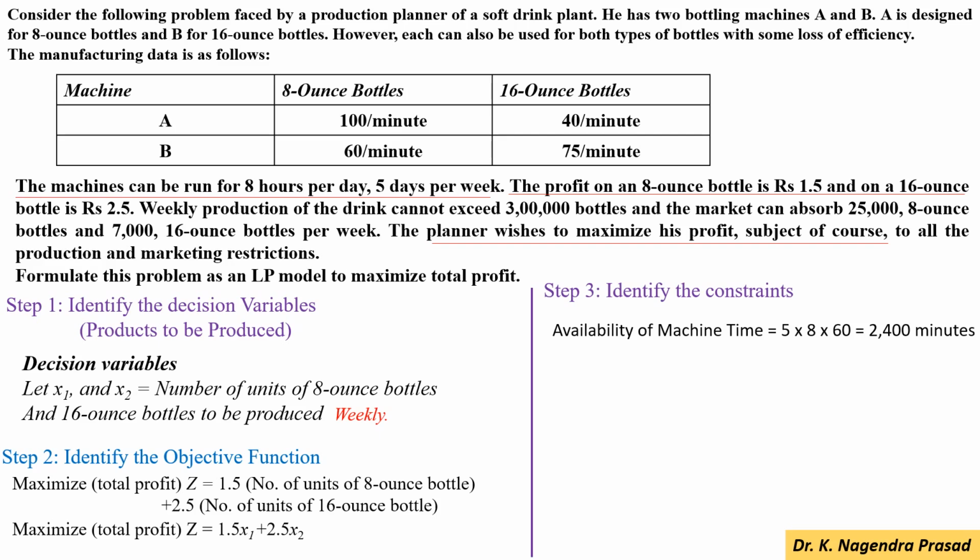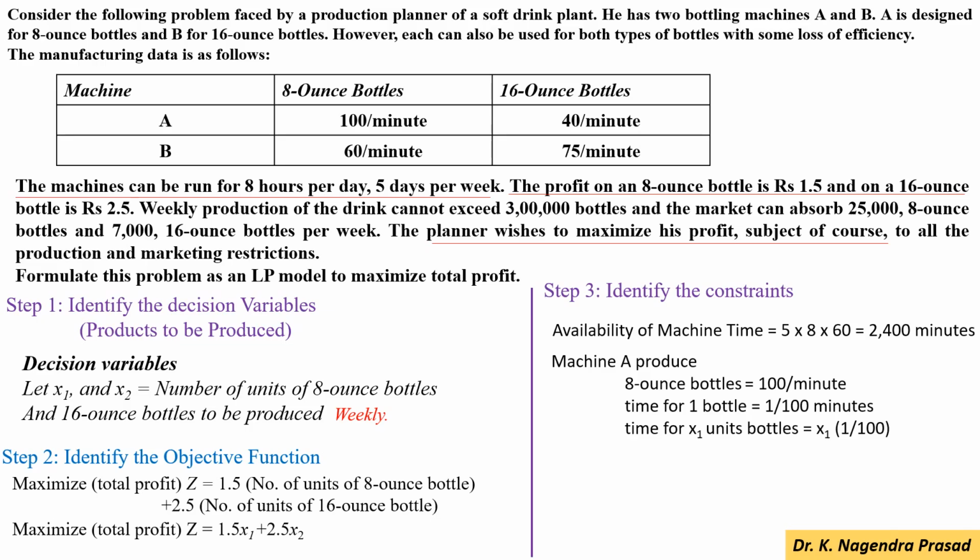Next we have to observe the machine time of machine A, which can produce the 8-ounce and 16-ounce bottles. First I have to look for the 8-ounce bottles. That is, 100 8-ounce bottles are produced in 1 minute on machine A. Then the time for one 8-ounce bottle is 1 by 100, and the time for x1 units of bottles is x1 by 100 minutes.